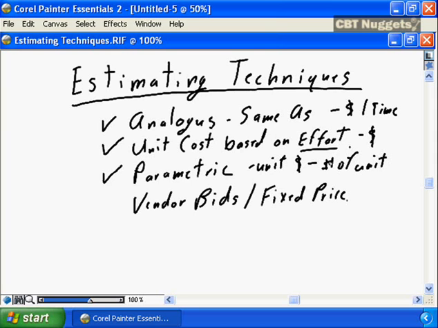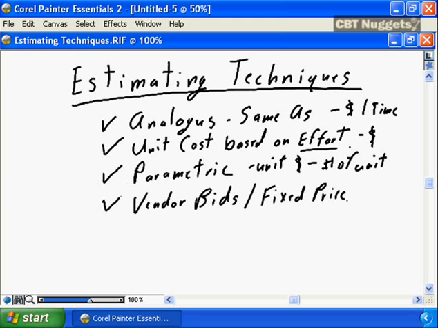You know how much it costs to produce a unit of X. To complete your work breakdown structure, you believe you need to produce 300 lines of code, you multiply that by your parametric value. You know you need to develop 200 square feet of retail space, you multiply that by your parametric value, and you come up with the cost for that specific work breakdown structure element.